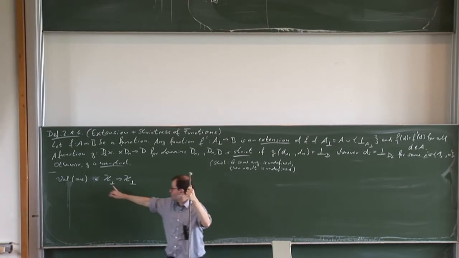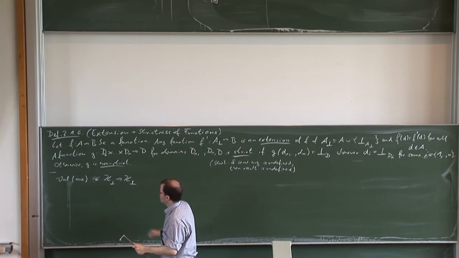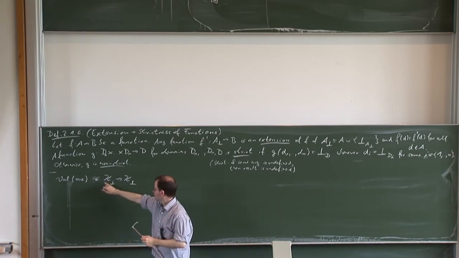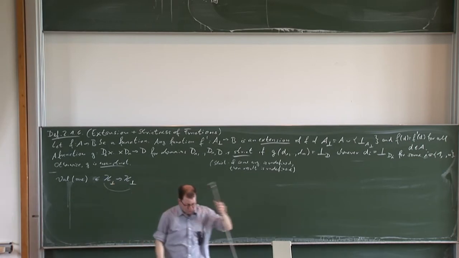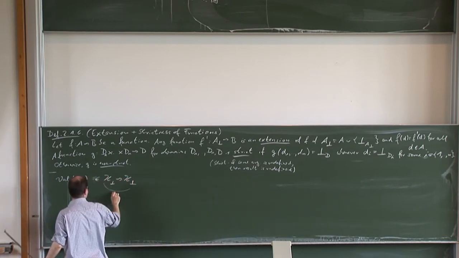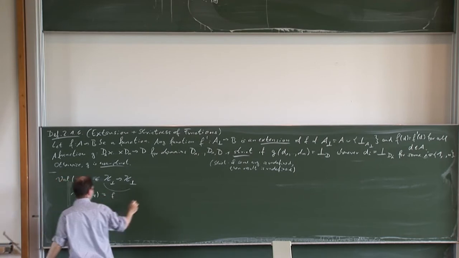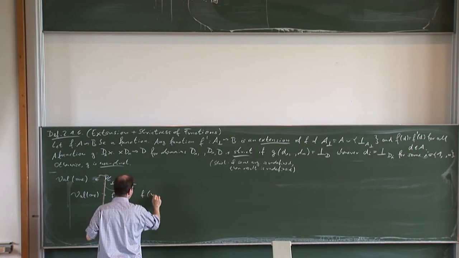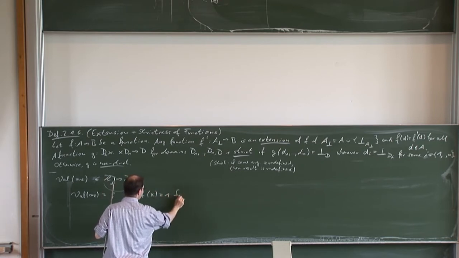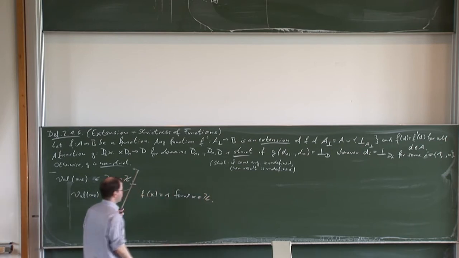Now what this function does on Z is rather clear. So val of 1 is some function f, and obviously f of x must be 1 for all x from the integers.